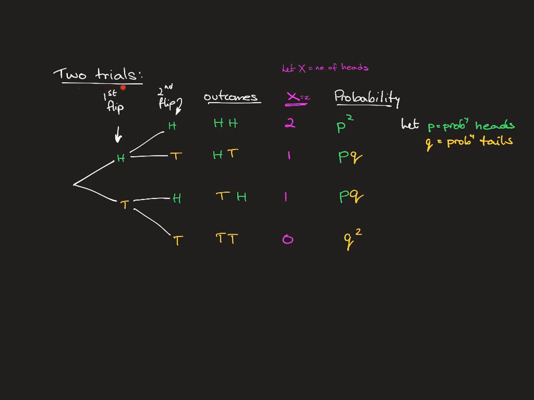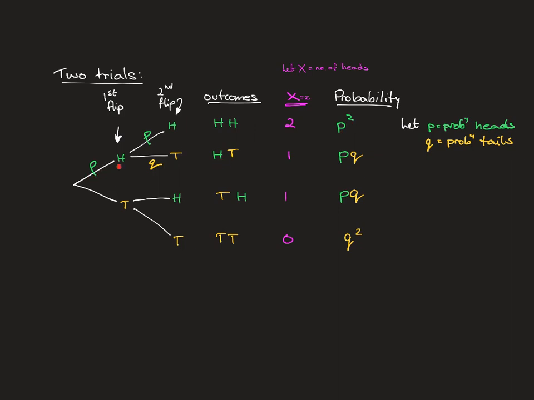This time we're going to do two trials of flipping a coin. So heads and tails, heads and tails. We're going to define a success as being a heads, so our probability of success is P. On these branches we've got P as our probability. For a tail, the probability is Q. To work out the probability of two heads, where X is the number of heads, we have P times P, which is P squared.